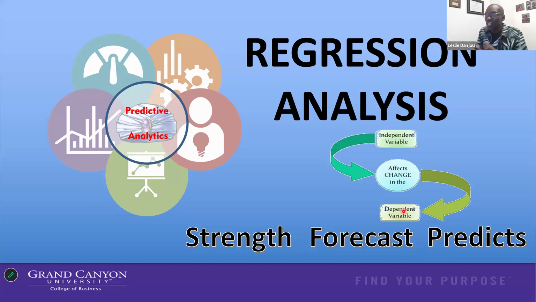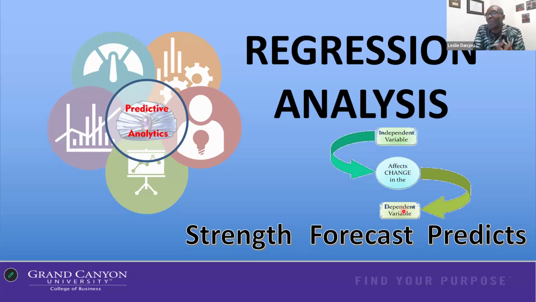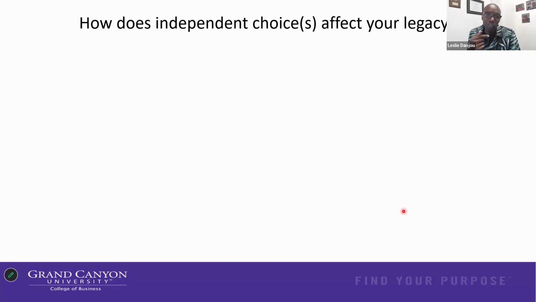But from a Christian worldview perspective, here is my question to you all. How does your independent choice affect your legacy? The independent variable is your choice or your choices. How does it affect the end result, the dependent variable of your legacy, your kids, your great-grandkids, and the like?